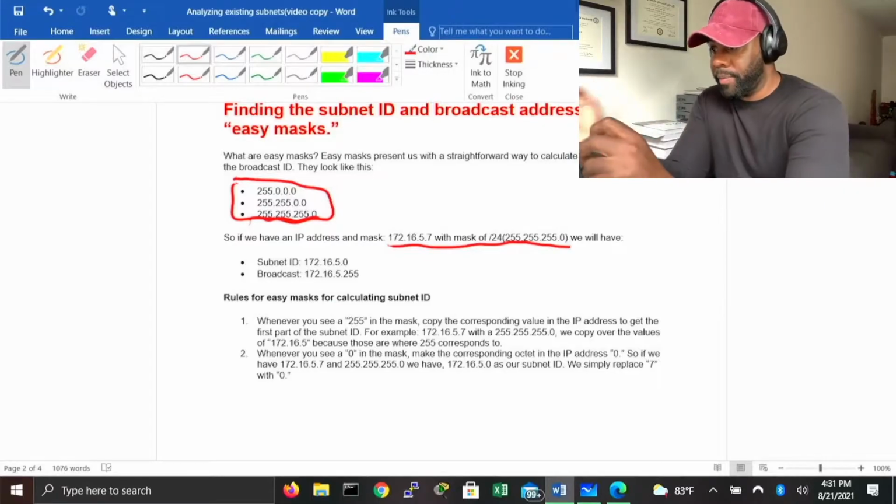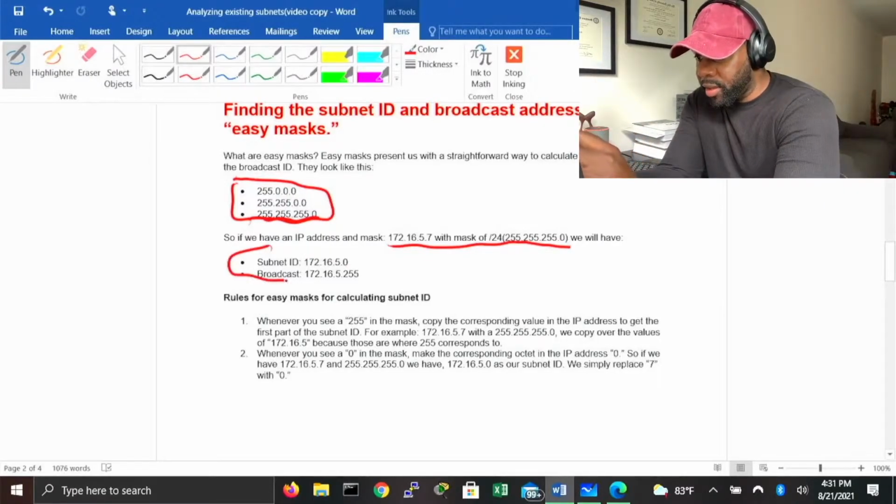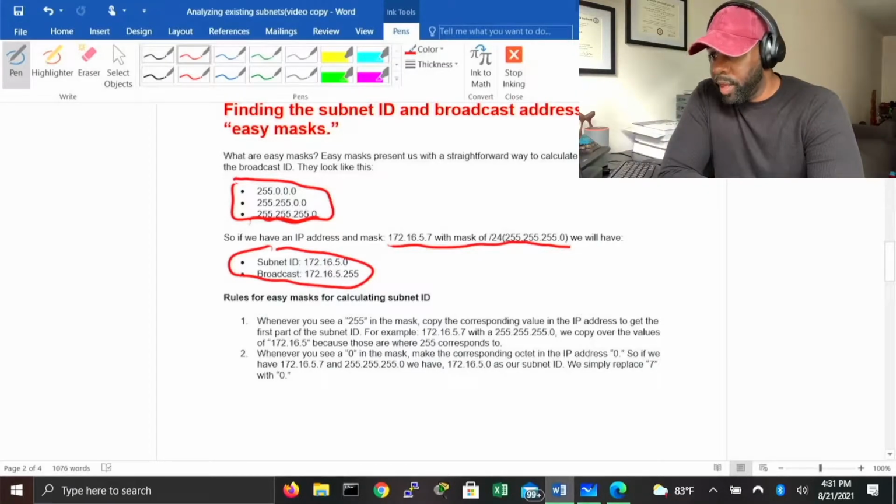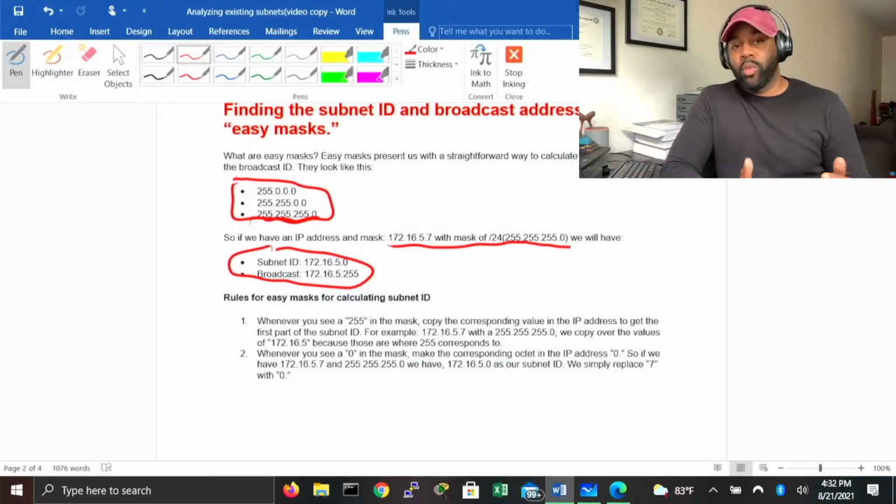Pretty straightforward. We're going to have 172.16.5.0 as the subnet ID, and the broadcast address is going to be 172.16.5.255. Now, you're probably wondering, how did you get this? Well, I'm going to show you.